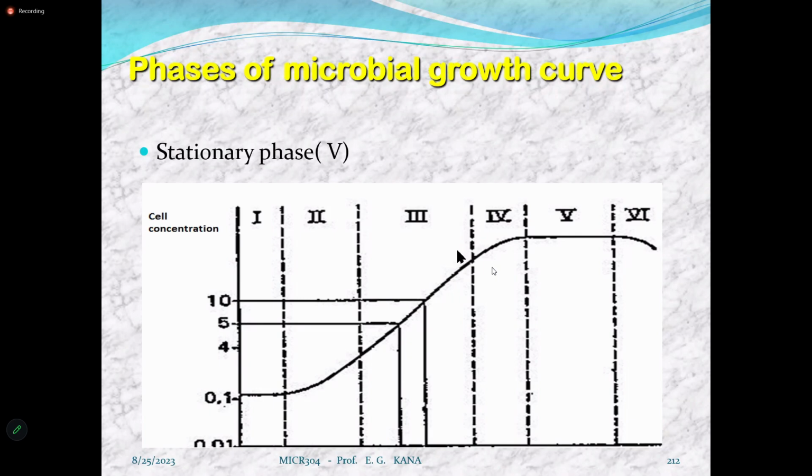We'll also learn that there are different kinds of products produced at the exponential phase, and a different set of products produced at the deceleration and stationary phase. Now let's continue on the stationary phase.